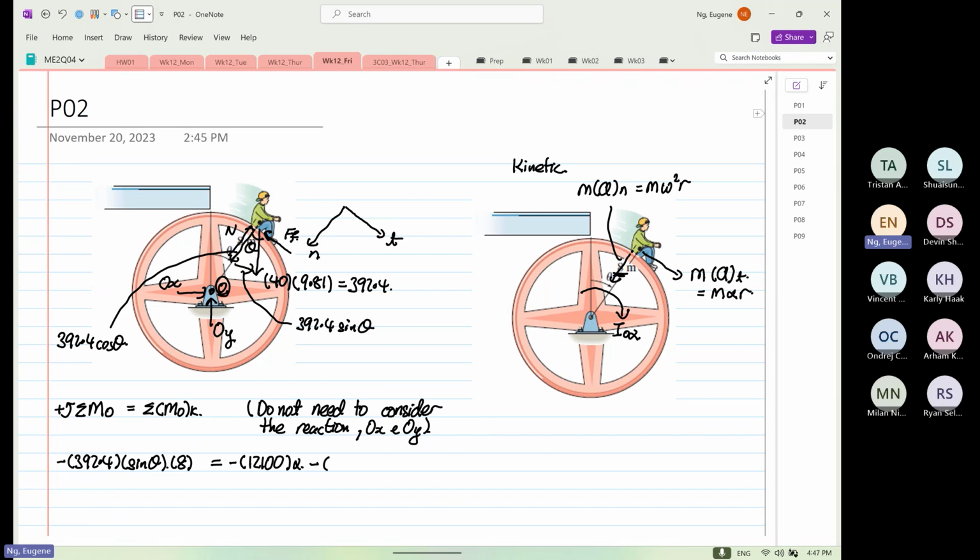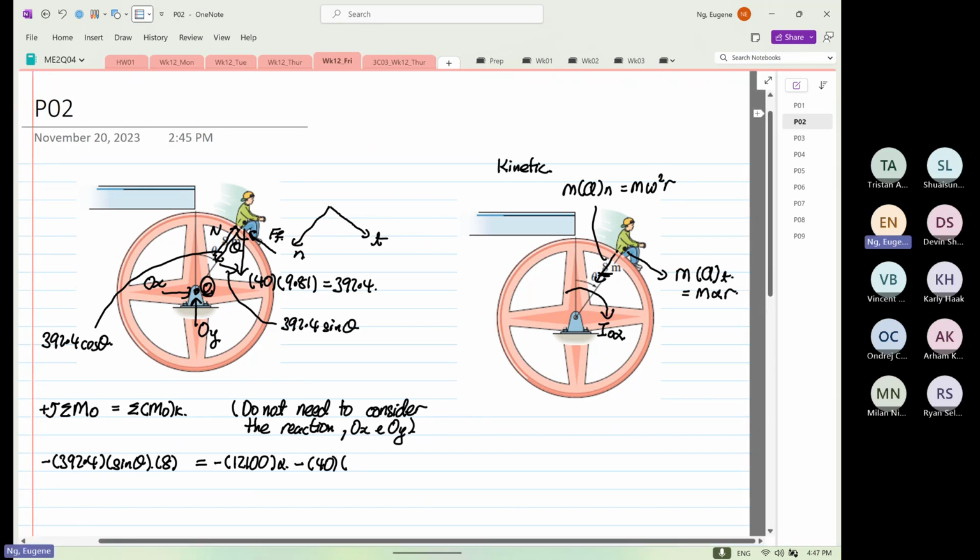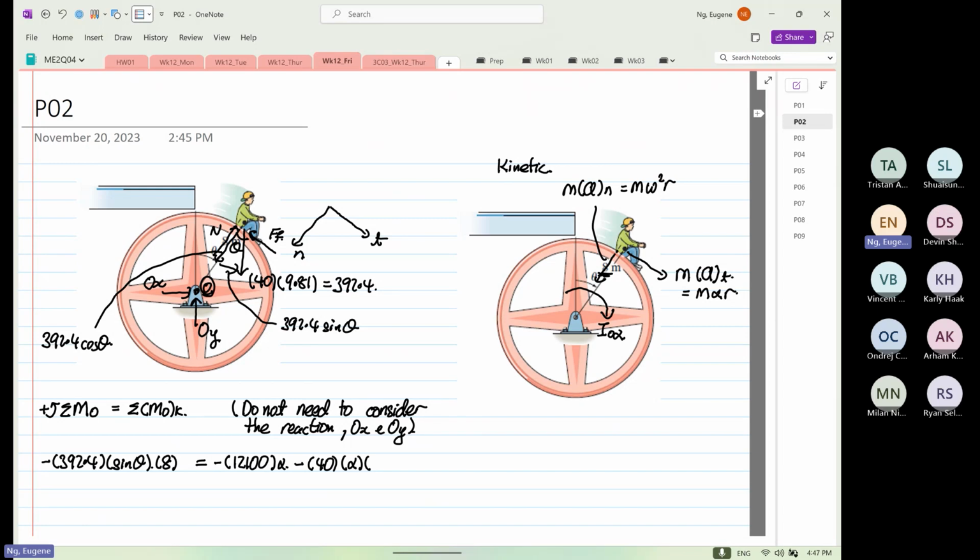So minus 40 times our alpha, which we don't know. We know that the radius is 8, and we have to multiply another 8. Yes or no? 8. So both of these are the radiuses.